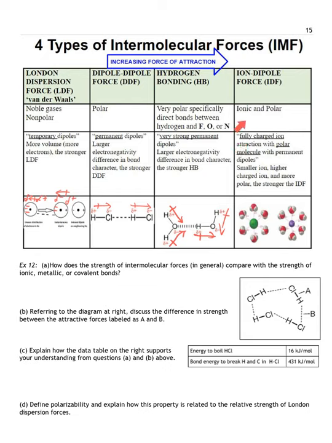Ion-dipole is even stronger because you're looking at an ion with a polar molecule. The ion has a full charge, and it's attracted to a polar molecule which has partial charges. Here you see chloride attracted to the hydrogen end of water, which is partially positive. The ion itself is a negative ion.